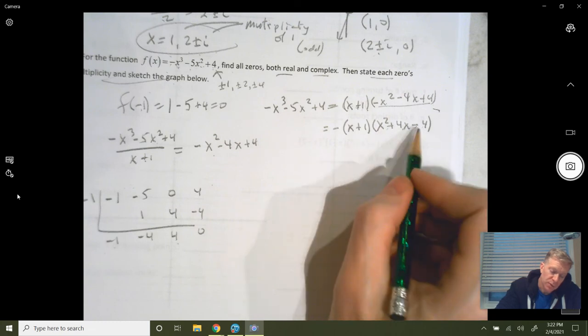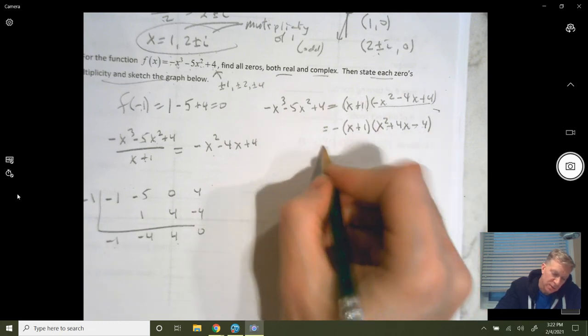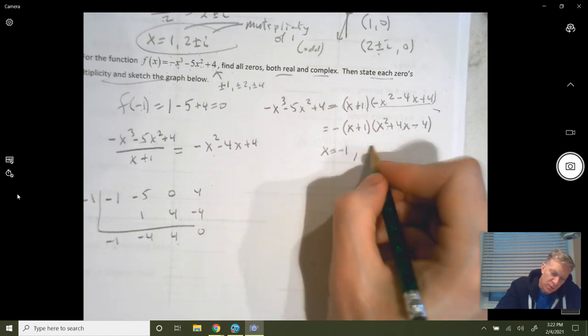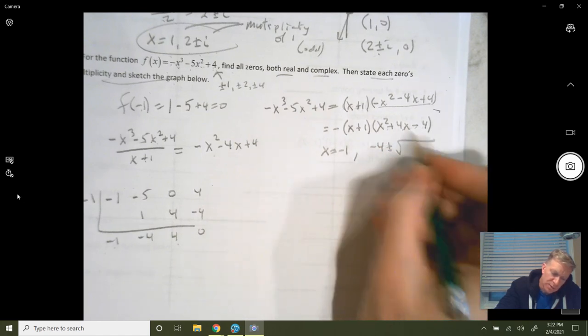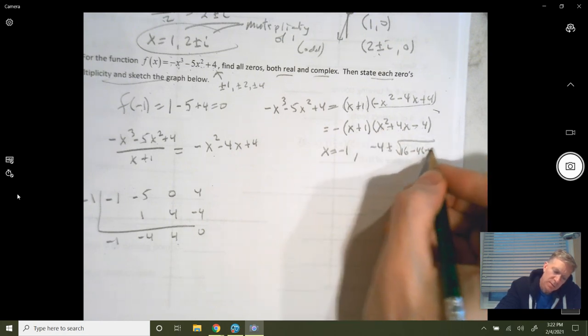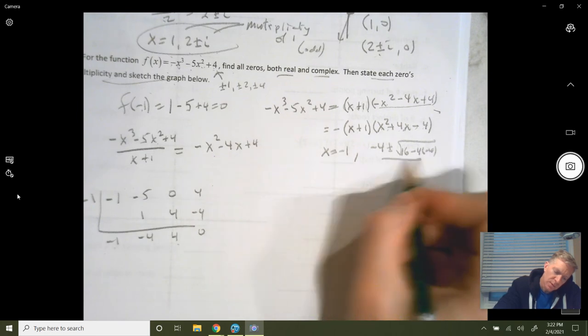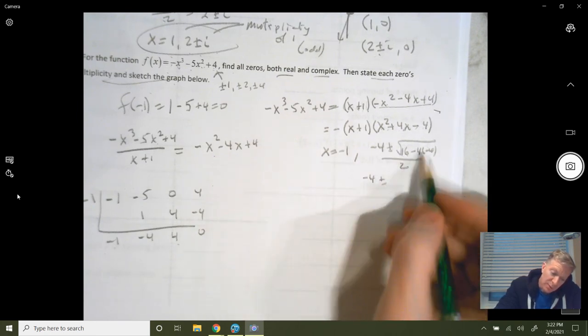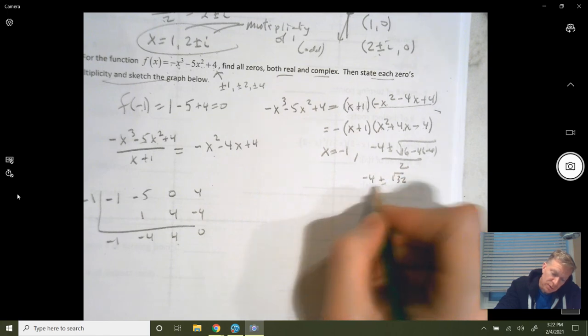Let's use the quadratic formula. So here x is going to equal -1. X is also going to equal the opposite of 4 plus or minus the square root of b squared minus 4 times 1 times -4, over 2a. So that's -4 plus or minus rad 32 over 2.